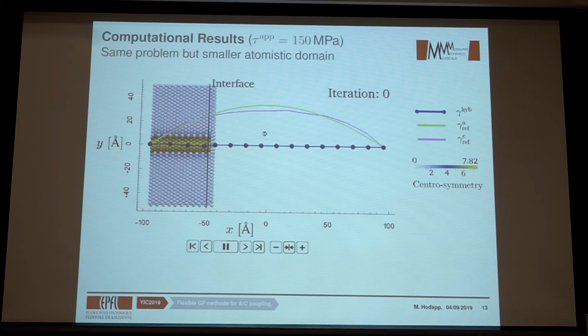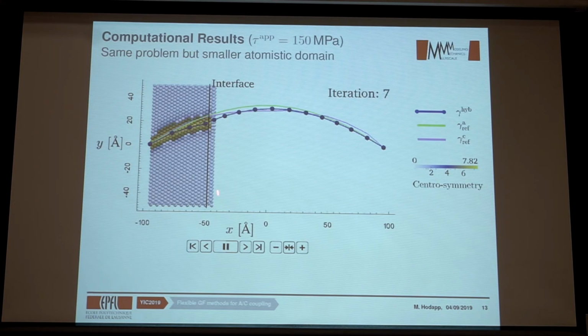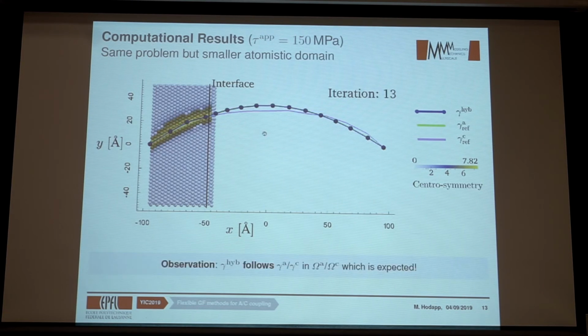Another problem that we have computed is this one here. We have taken 1/4 of the entire domain as fully atomistic and the remainder as a continuum problem. And here we also get very reasonable results in our final solution.